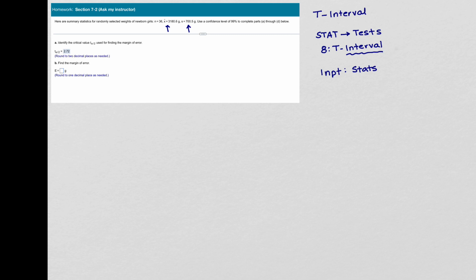And then it's going to ask us for X bar. If it still says list, you need to make sure that you move over to stats. So now we're going to put in X bar, which is 3,180.6. SX is just your value for S, which is 700.5.